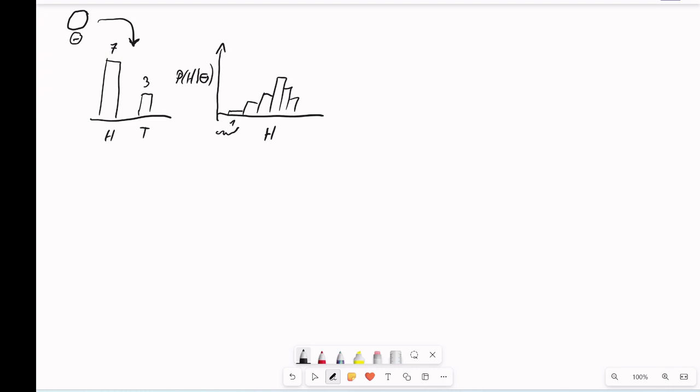For Bayesians, it's different. The Bayesian would say, we have observed this experiment, and we want to know the probability that this underlying parameter has a certain value. So again, we go from this experiment, but now we plot our underlying parameter theta.